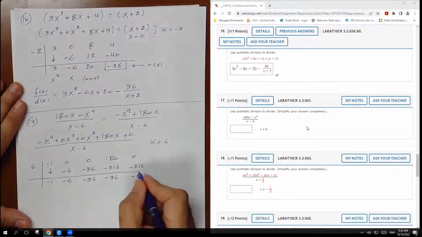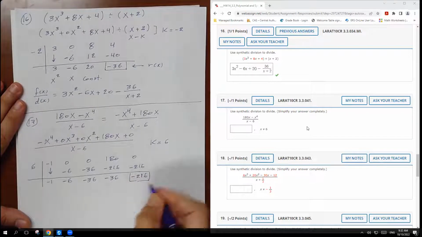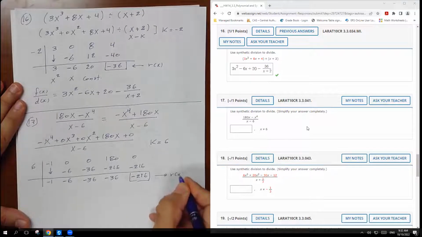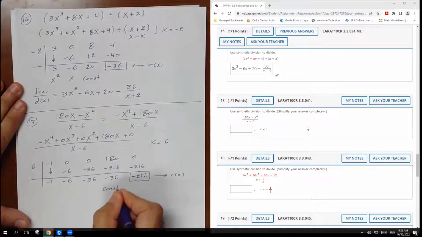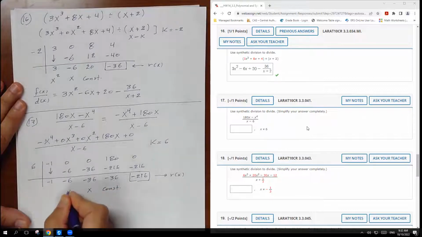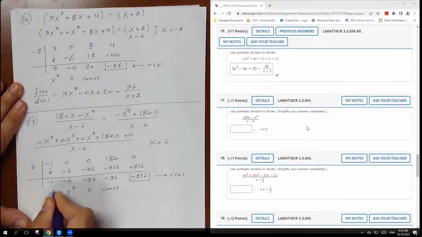That means the remainder here is not 0. This is the constant, this is x squared, x cubed.